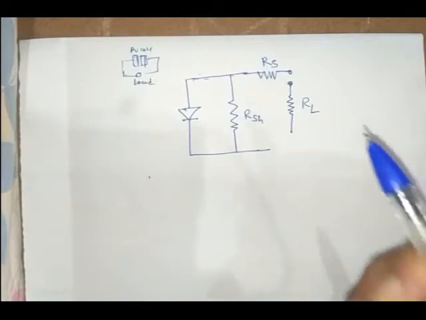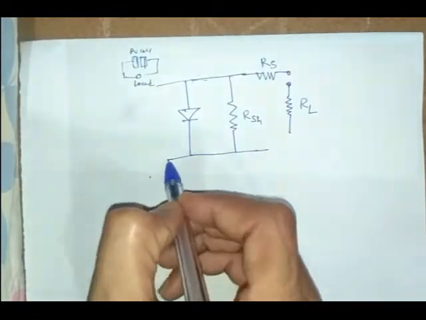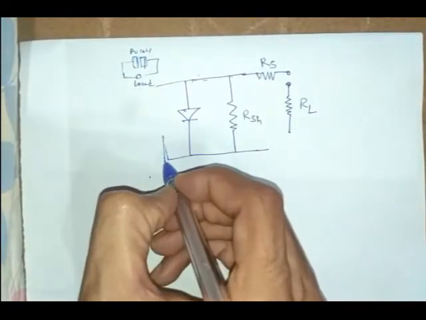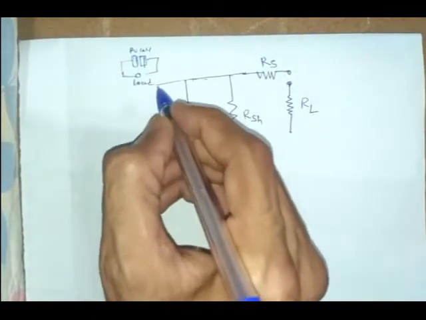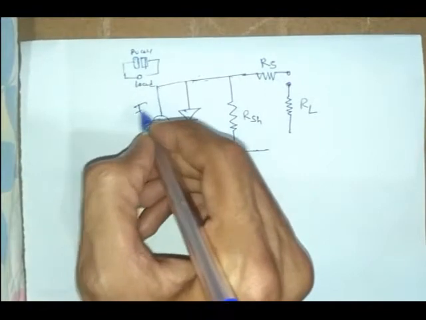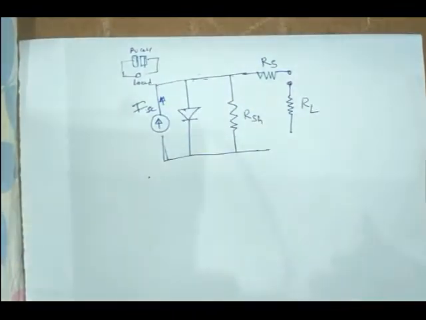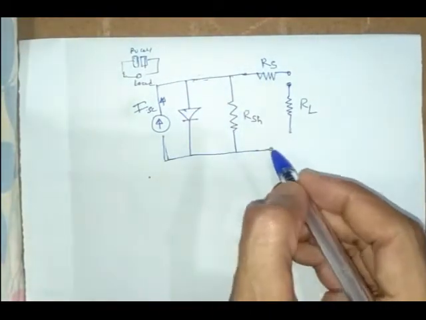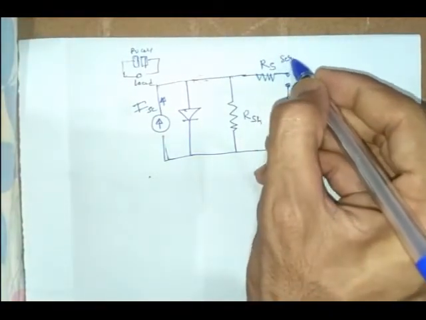Now this circuit has a current source, that is because of the PV cell. We can represent that as a current source, that is ISC, which allows the current to pass through the circuit, and this is a series resistance.